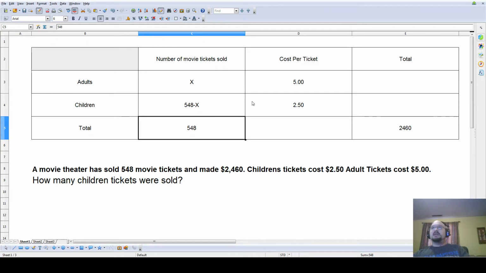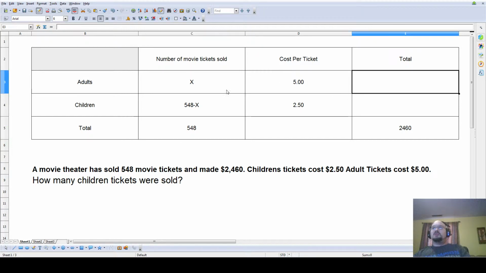Now, it's cost per ticket, and so it's the number of tickets sold, and it's how much it costs per every single ticket. So per tells us it's a multiplication problem, right? It's how many tickets we had for the adults, and then every single adult is going to be charged $5.